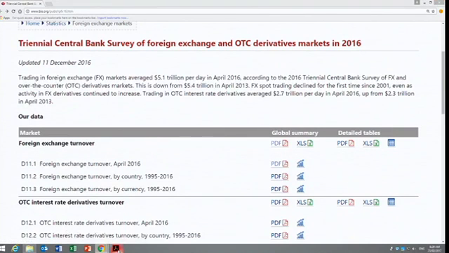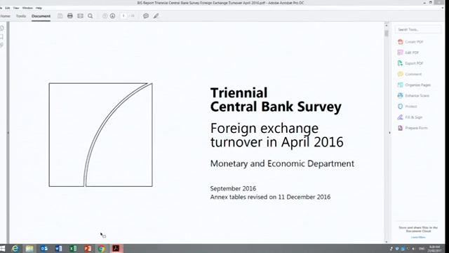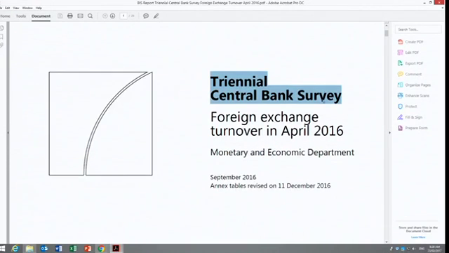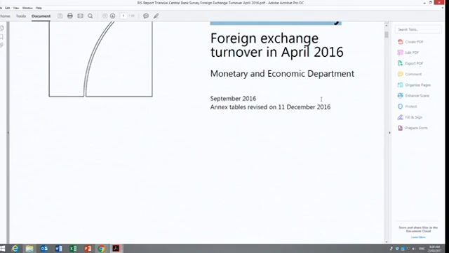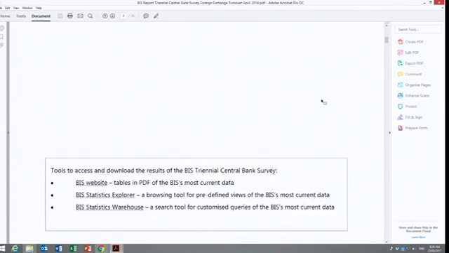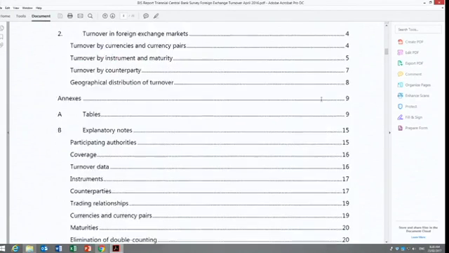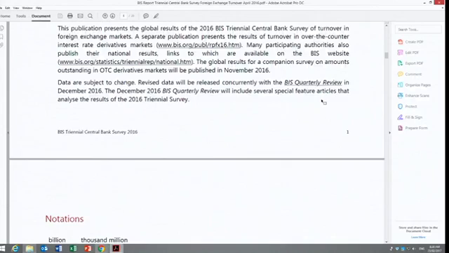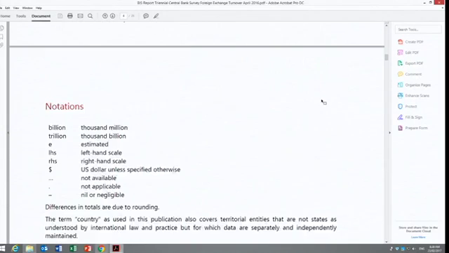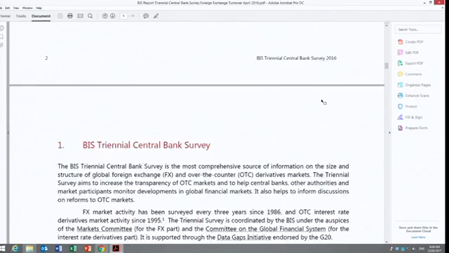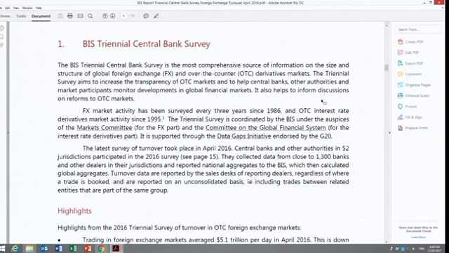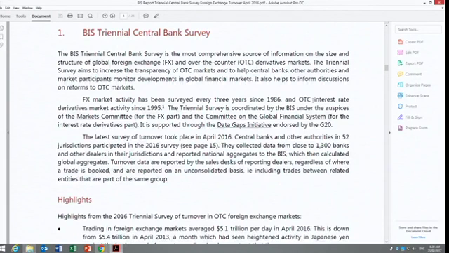For the 2016 report, you can refer to this, and let me just quickly go through it. This will be the Triennial Central Bank Survey as at April 2016. If you click on the link, you should be able to get this. It's a fairly accessible article, so it's not very technical. They do a summary of what is happening to foreign exchange market activity in the past 3 years.